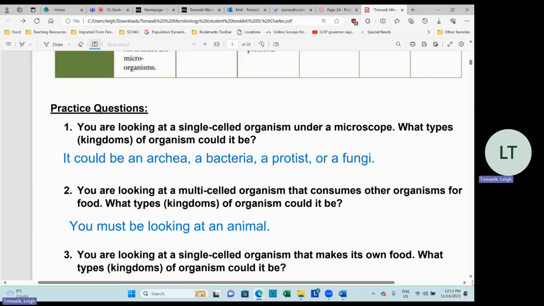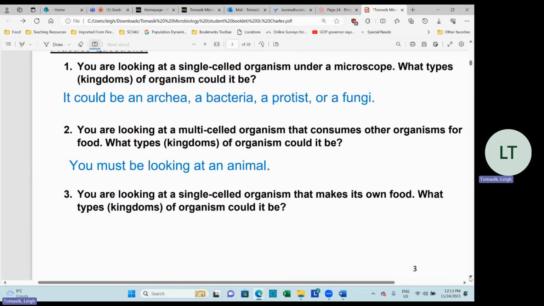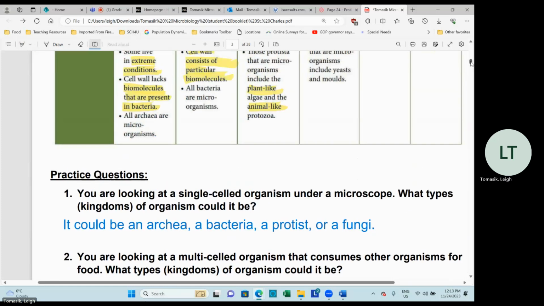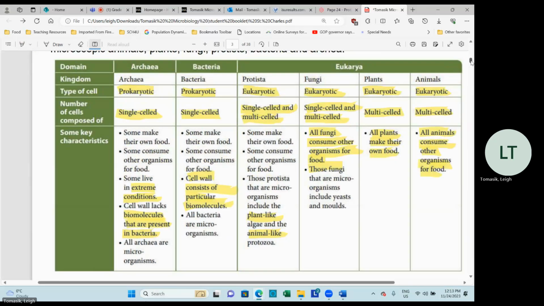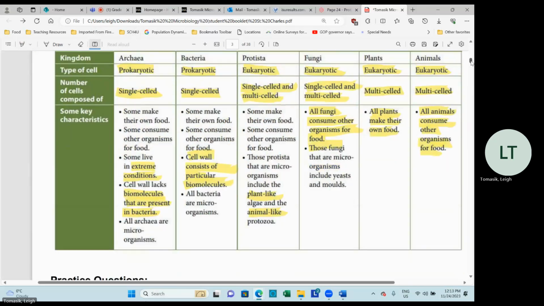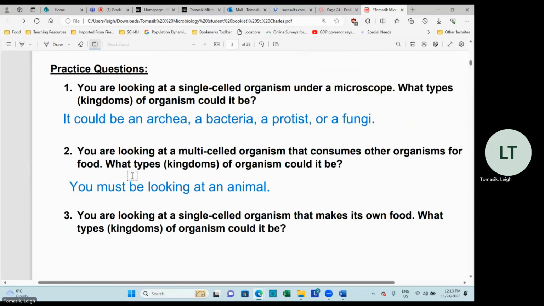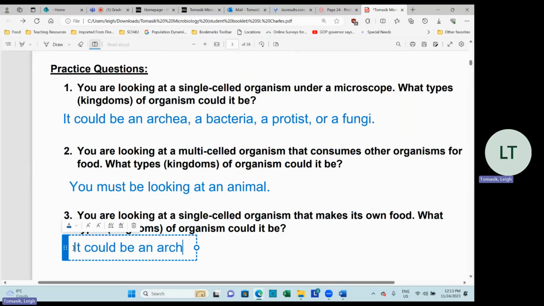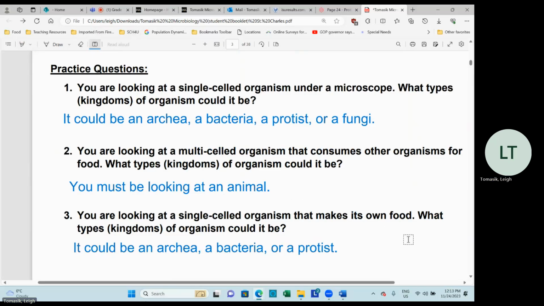And the last question, you are looking at a single-celled organism that makes its own food. What types or kingdoms of organism could it be? So in this case, it could be an archaea, a bacteria, or a protist, but not a fungus.